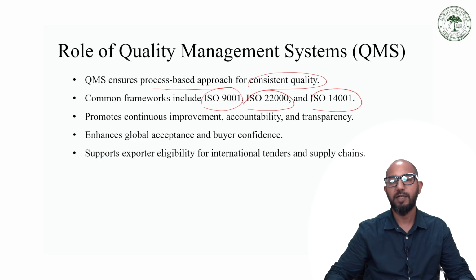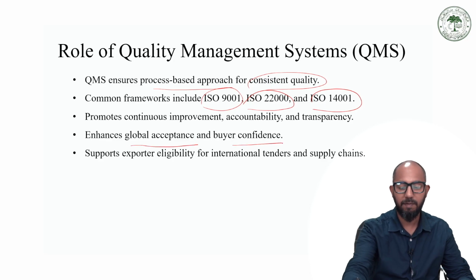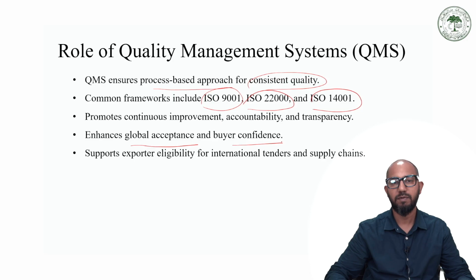These quality management systems promote continuous improvement, accountability and transparency. Quality management systems also enhance global acceptance and buyer confidence. Not only this, but quality management systems also support exporter eligibility for international tenders and supply chains.